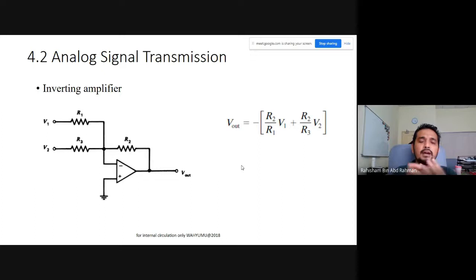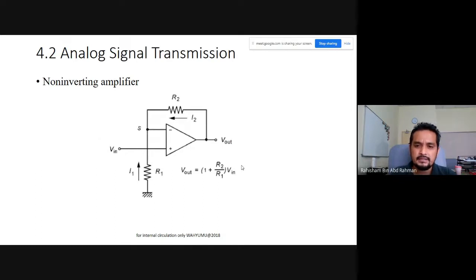So you need to combine all of these circuits into a big main circuit, so that it can serve the objective of this one, in which the input needs to be transmitted to the output. Okay, non-inverting circuit, these are the formula. Okay, I don't want to go into great detail. I just introduce to you the basic and fundamental circuits as well as the equations.